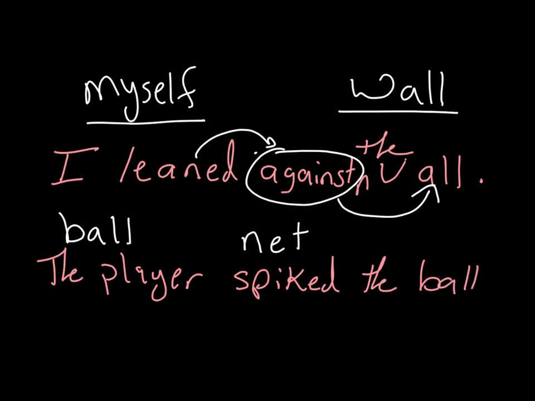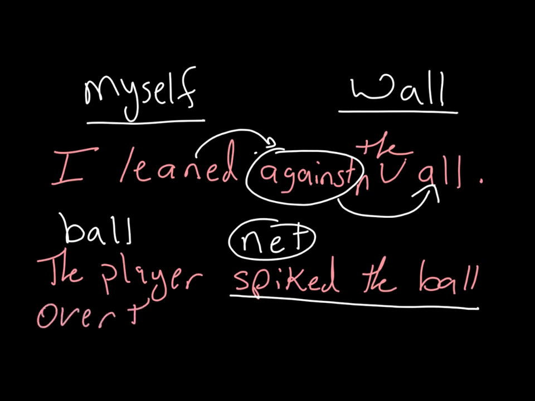The spiking of the ball, I want to use it to show the relationship between this part and the net. So I would use the preposition over the net. The preposition over shows this type of relationship.